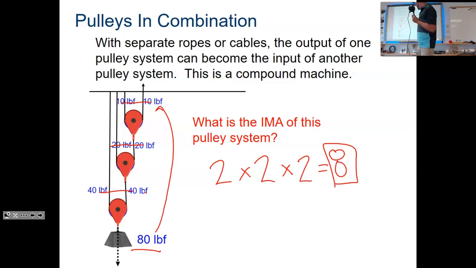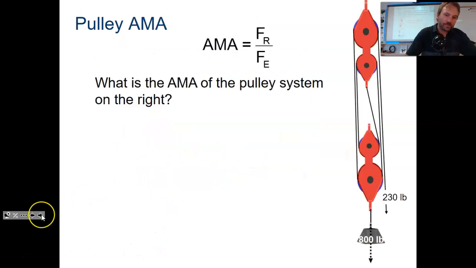Now again, you probably have to pull more than 10 because of friction in all these pulleys. The line is going to stretch a little bit. They give off noise and you lose energy that way. Let's see here. What is the actual mechanical advantage of this pulley system? AMA is the force of resistance divided by the force exerted. So here are our 2 forces.